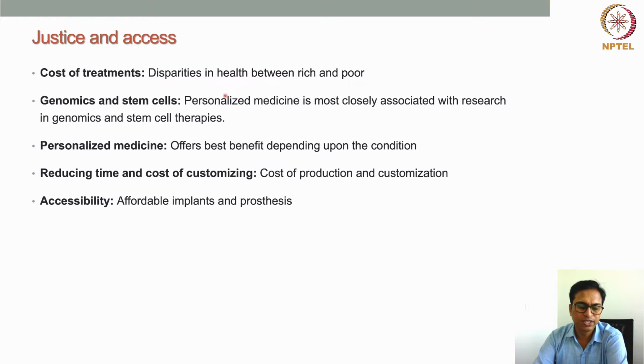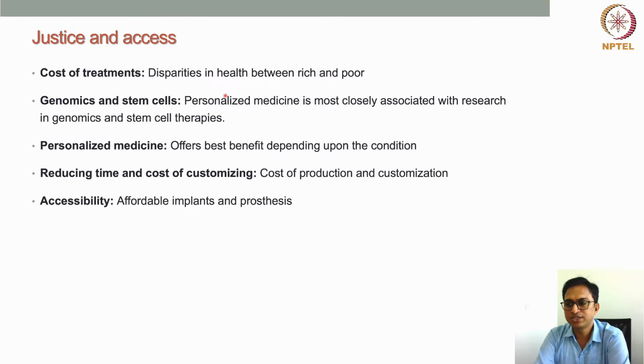The cost of treatment for any new technological intervention is very important, because with 3D printing there is an understanding that the cost can be very high, since we are talking about personalized treatment. Here we are concerned about the treatment for a particular person, suppose somebody has a liver failure or kidney failure, so we need to replace that.